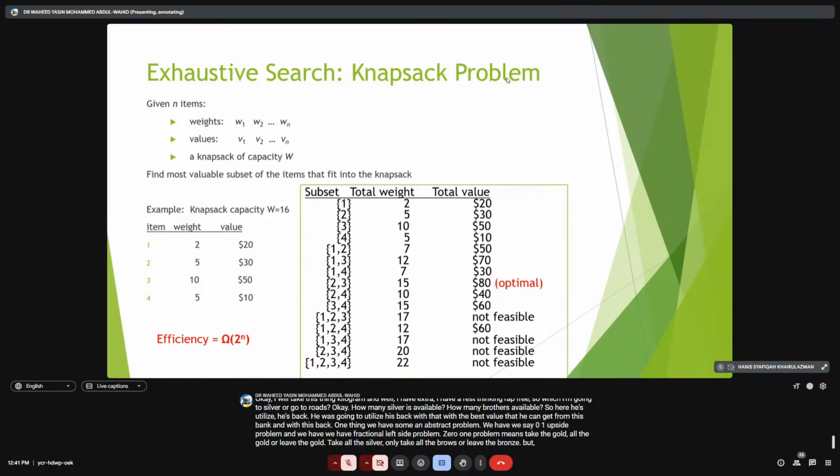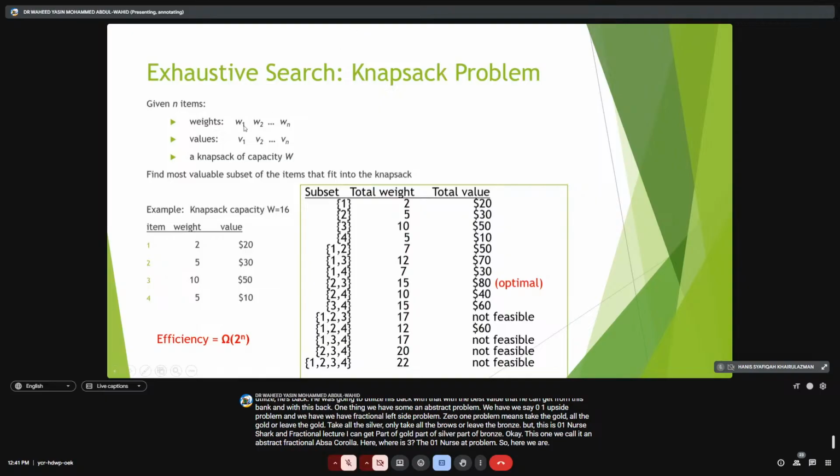In the fractional knapsack, I can take part of the gold, part of the silver, part of the bronze. This one we call the fractional knapsack problem. Here we are going to see the 0-1 knapsack problem.